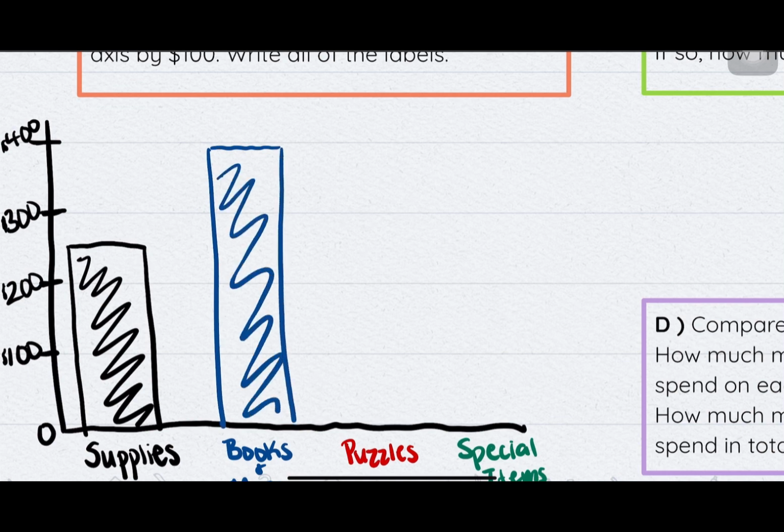And let's also write these quantities on top. 391, and supplies was 248. Then our puzzles and games is $210, so we'll put that right above that 200 line.